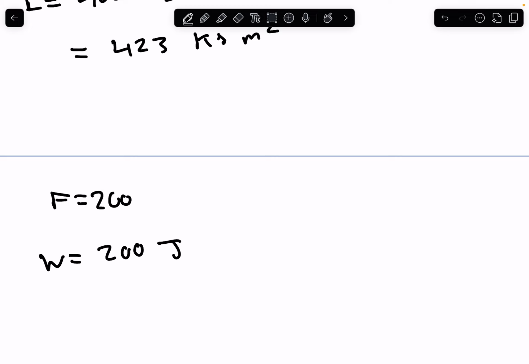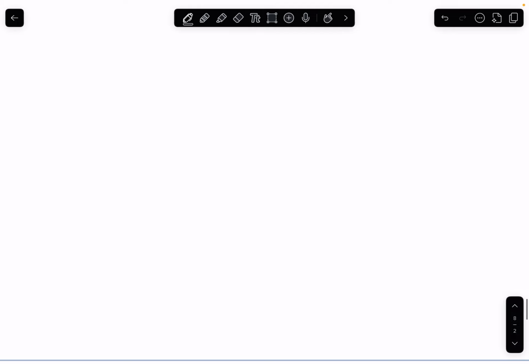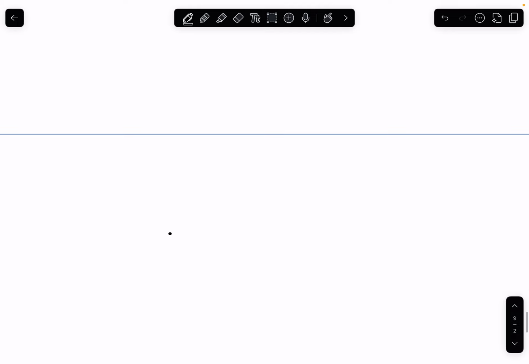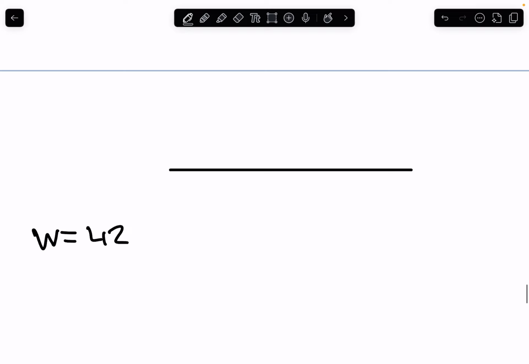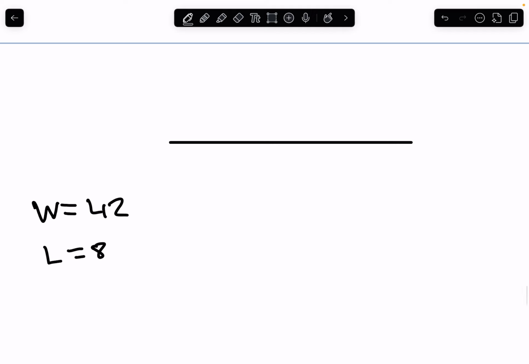Let's go here. I'm just looking for an easy question here. Okay, this question is one of the questions I saw on my exam. It states that a uniform rod of weight 42, so let's write down the knowns: 42, and length of 8 meters is positioned horizontally.